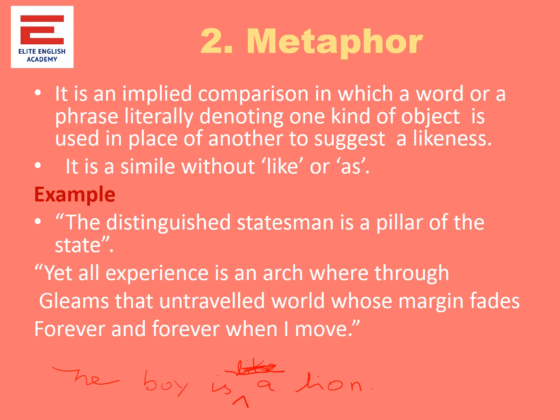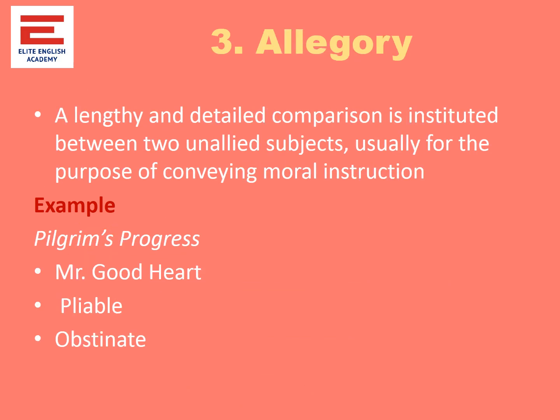Now we are moving to the next one, allegory. It is an interesting thing. Pilgrim's Progress is an allegory. Allegory is a lengthy and detailed comparison which is instituted between two unallied subjects, usually for the purpose of conveying moral instruction.